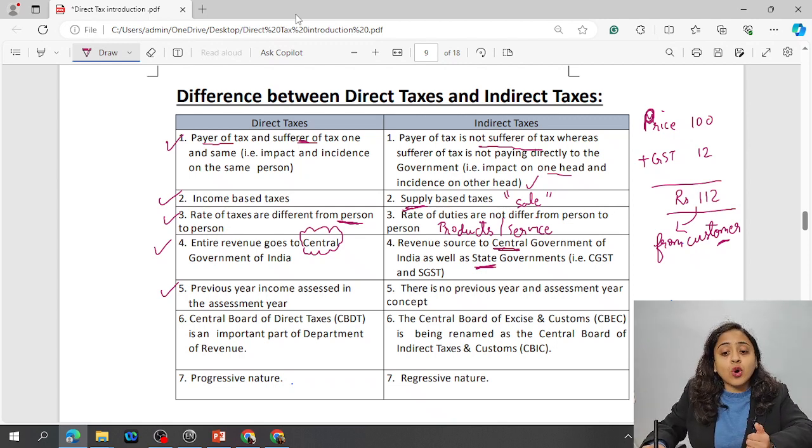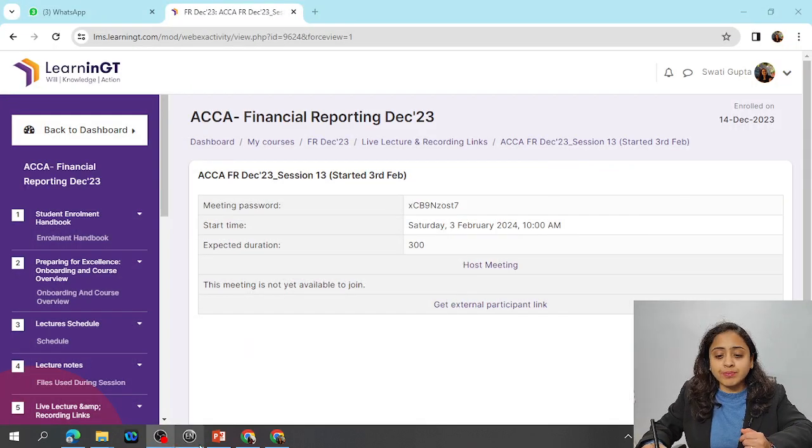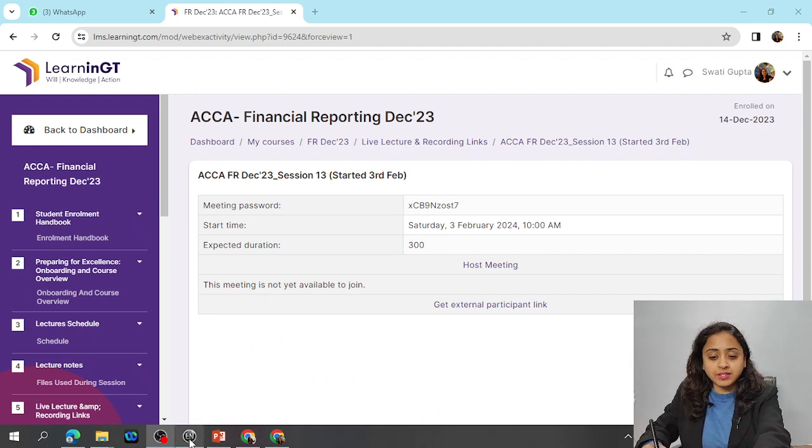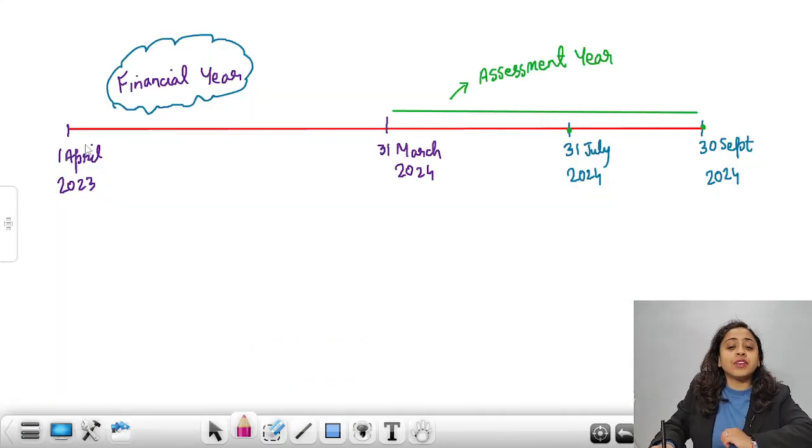Okay, if we talk about previous year and assessment year, a very simple criterion is that, for example, if you take 1st April 2023 to 31st March 2024, we have a financial year. In this financial year, you earn income.